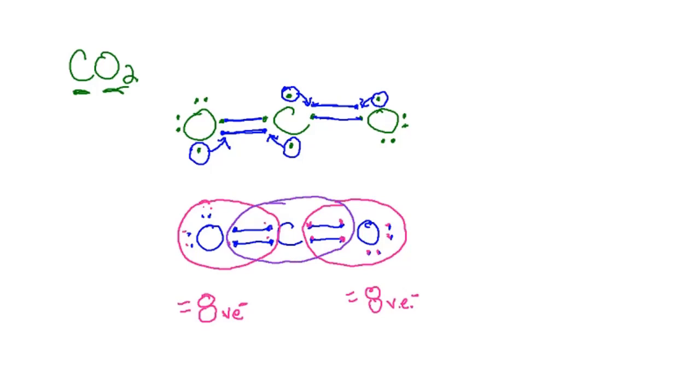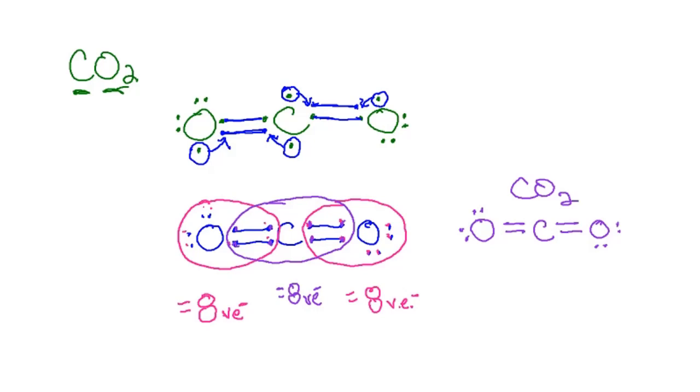So carbon has 1, 2, 3, 4, 5, 6, 7, 8. Now carbon has 8 valence electrons around it. So let's rewrite this. And there you go, there's carbon dioxide, CO2.